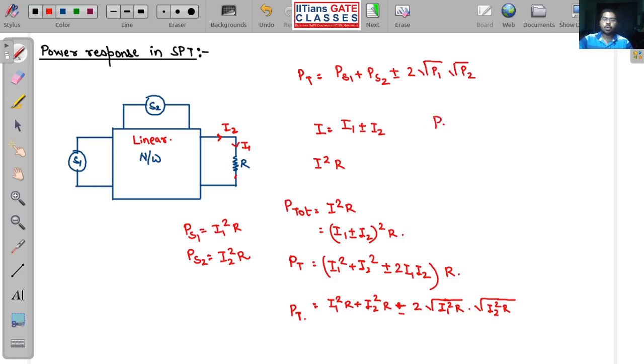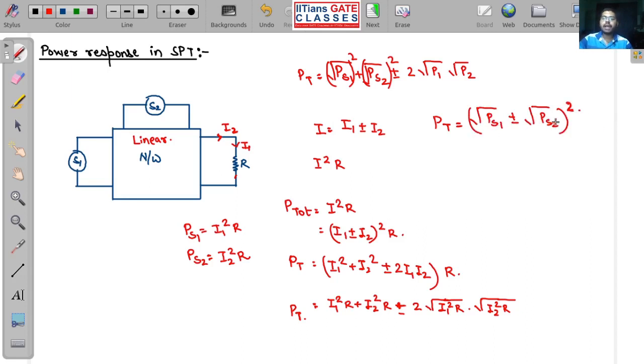So P total is basically what? You can see what it is. I can directly write it like this now, under root, and this is whole square. So I can write it as under root of PS1 plus minus under root of PS2, whole square.